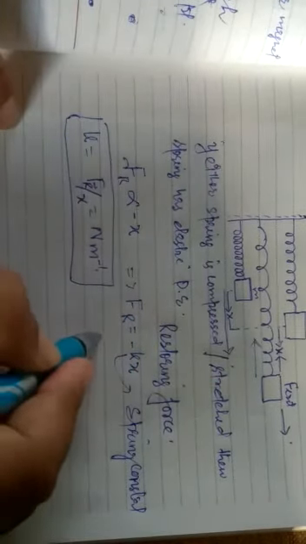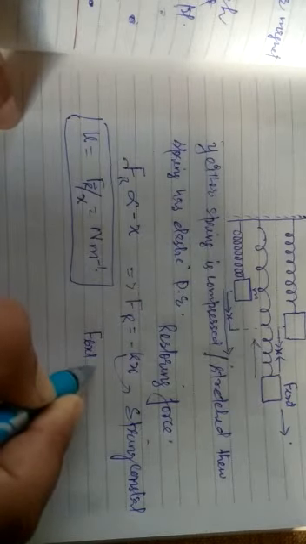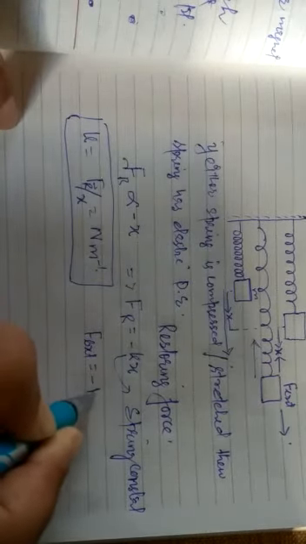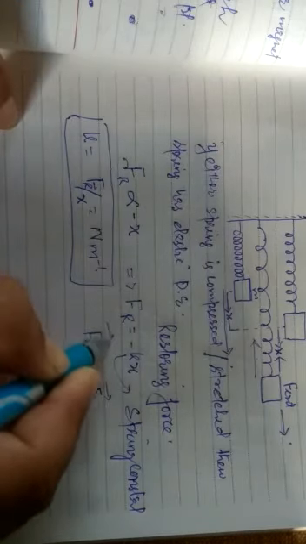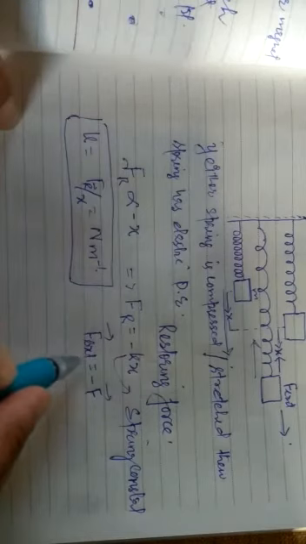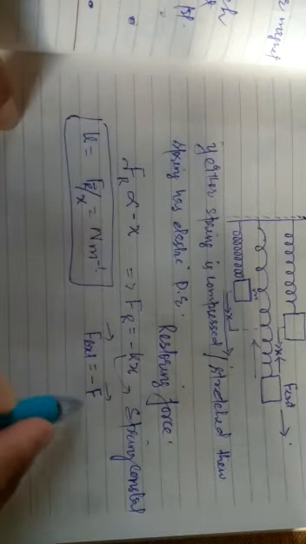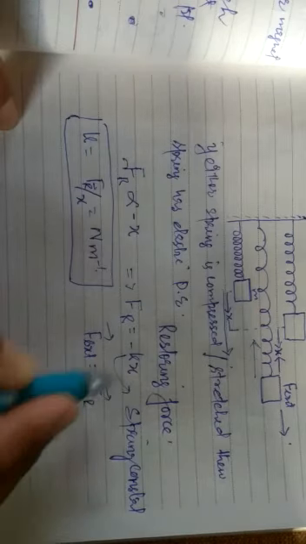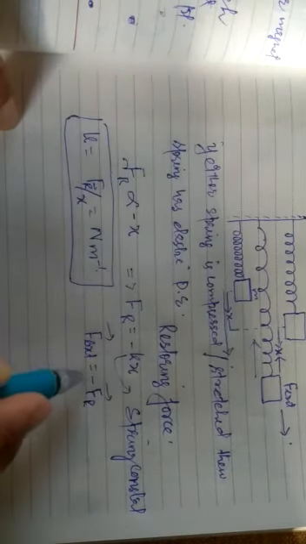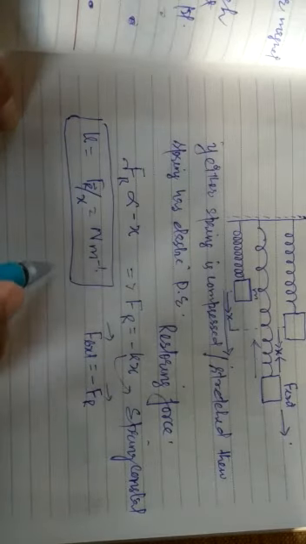So we can say F external equals minus F restoring, in vector form, because they are equal in magnitude but opposite in direction. The minus is because F external and F restoring are always opposite to each other.